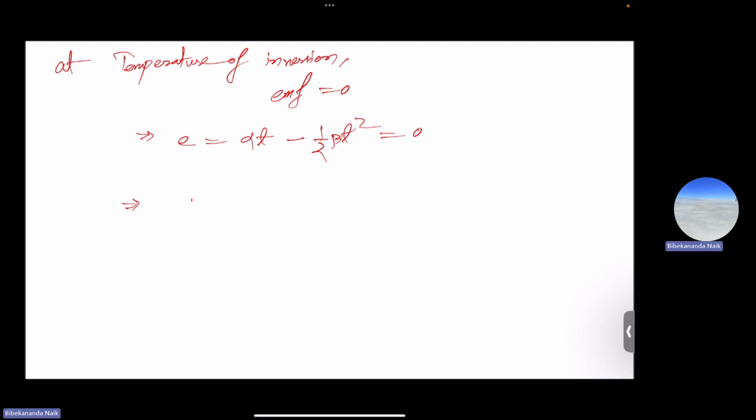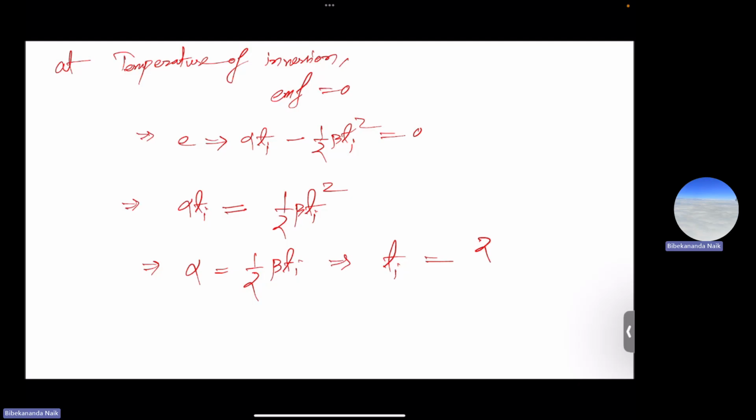It implies alpha Ti is equal to half beta Ti square. That implies alpha equals half beta Ti, or Ti is equal to 2 alpha by beta.